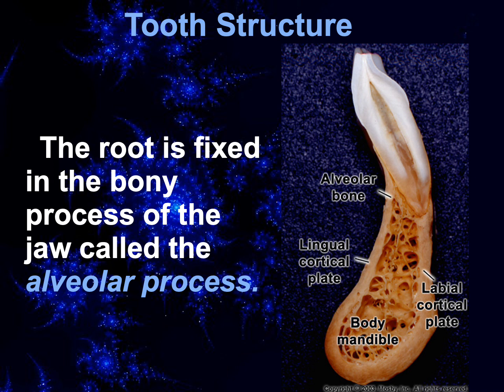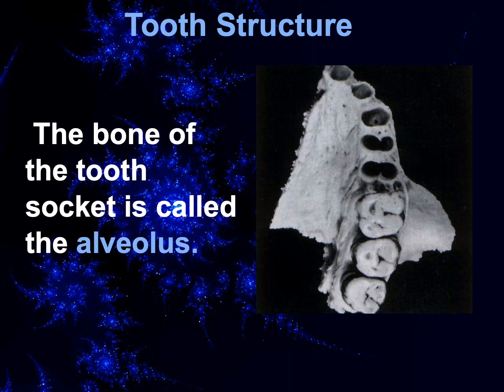The root is fixed in the bony process of the jaw that's called the alveolar process. So this is the bone of the jaw, and this is a bony process going out of it called the alveolar process.